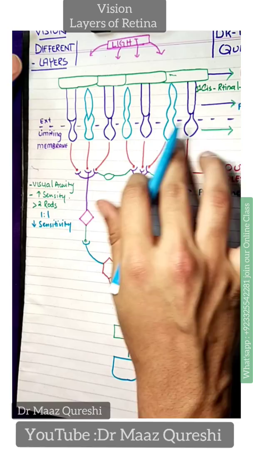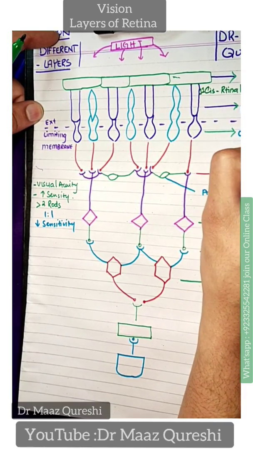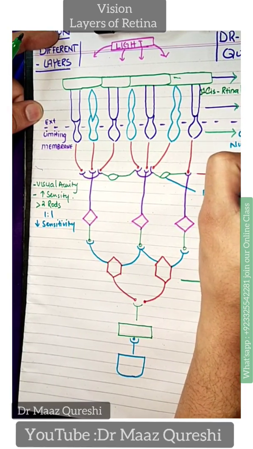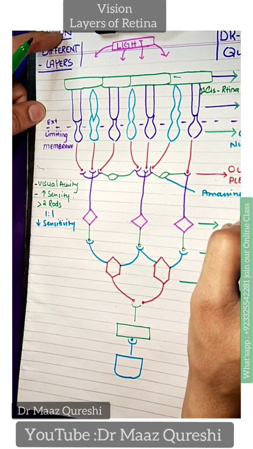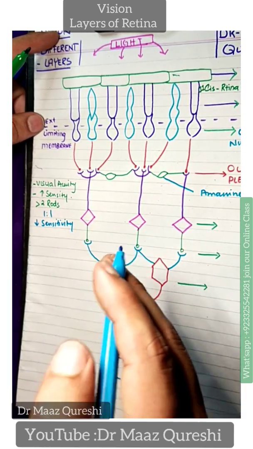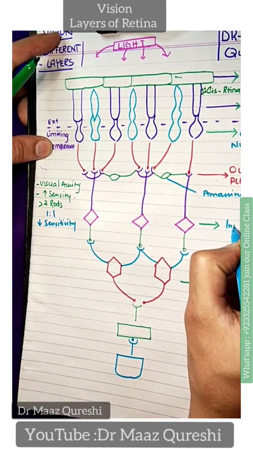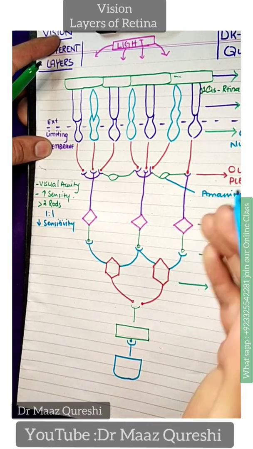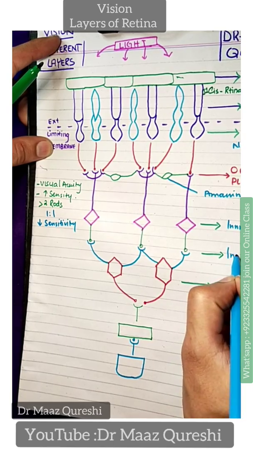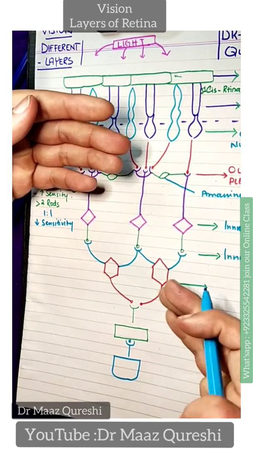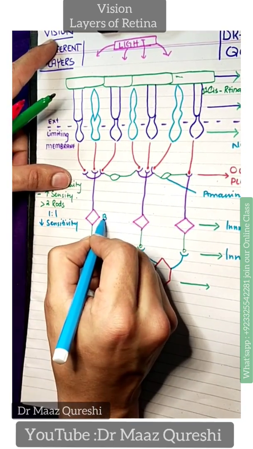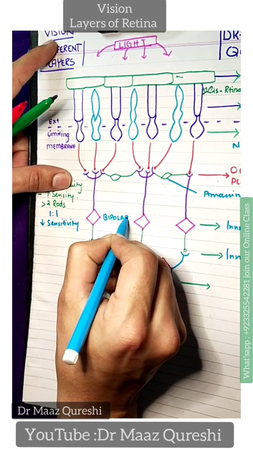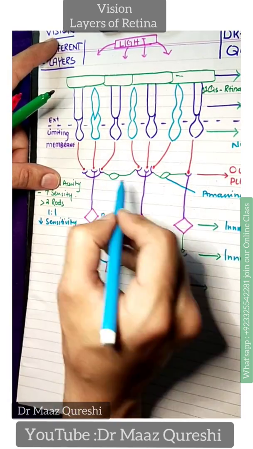But I'm just gonna write here, in outer nuclear layer, then we have outer plexiform layer, then we have inner nuclear layer, of course, then we have inner plexiform layer, which shows the synapses. These are the bipolar cells, and these are the horizontal cells.